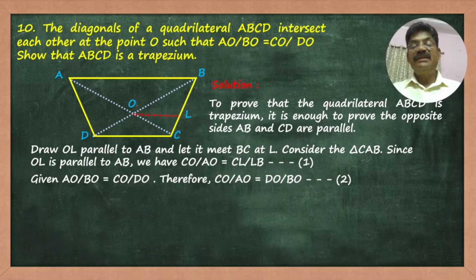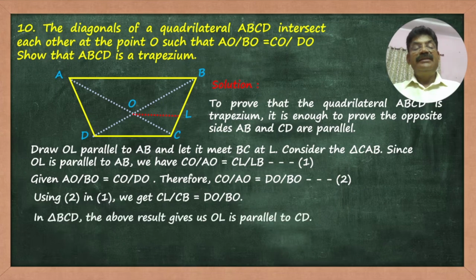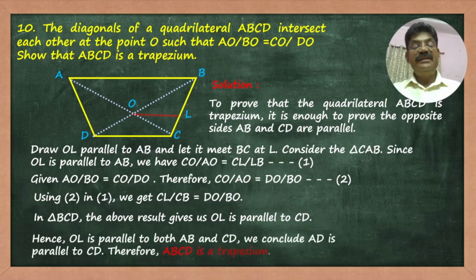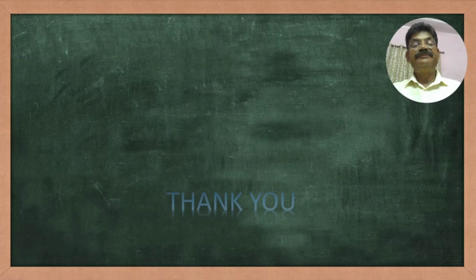You call this equation number 2. Using 2 in 1, we get CL divided by LB is equal to DO divided by BO. In triangle BCD, the above result gives us that OL is parallel to CD. Therefore, OL is parallel to AB and OL is parallel to DC, which means AB and DC are parallel. Therefore, ABCD is a trapezium.